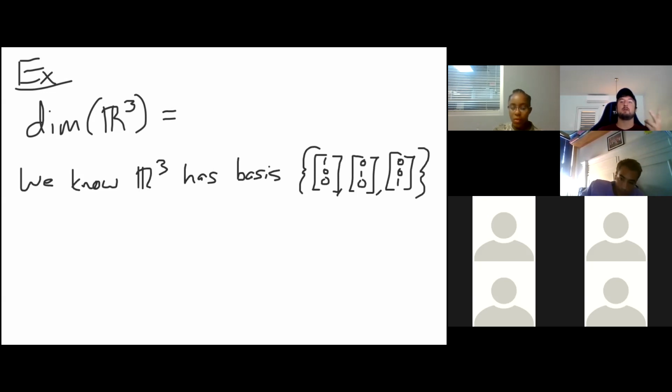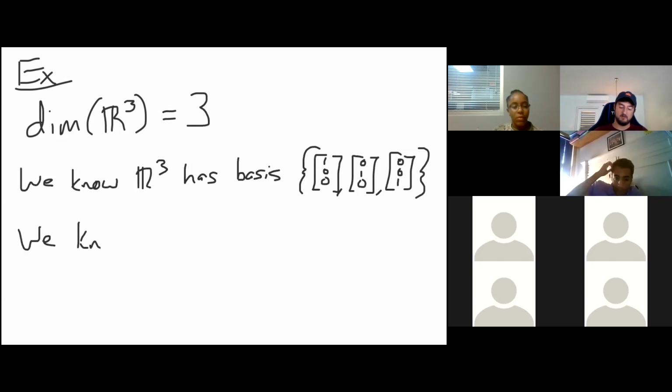They will also recreate anything in R3 as long as I create a linear combination of these 3 vectors. So I have a basis for R3. How many vectors are there? Yeah, just 3. So the dimension of R3 is 3. Dimension of R3 is 3 because I have found a basis for R3 and I just counted up the number of vectors in that basis.